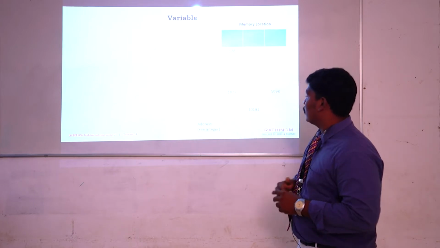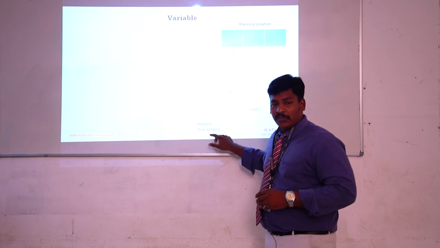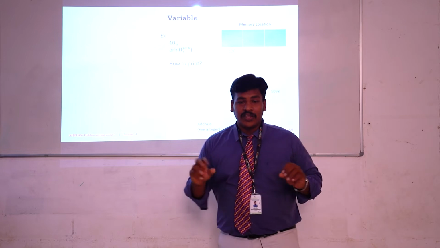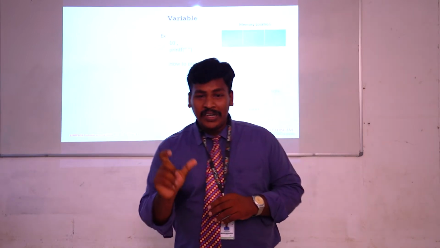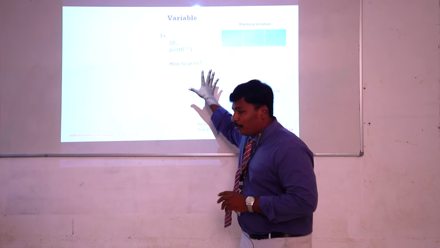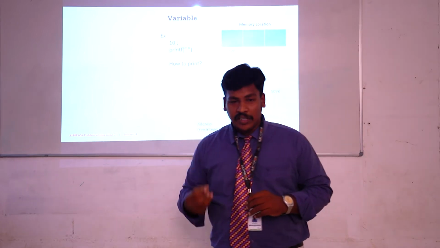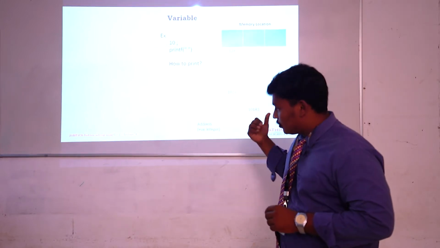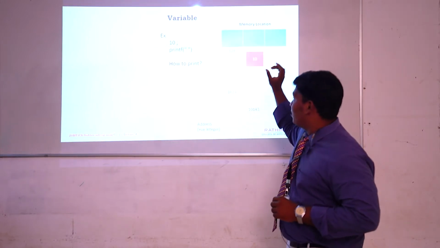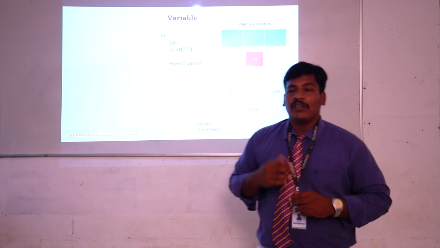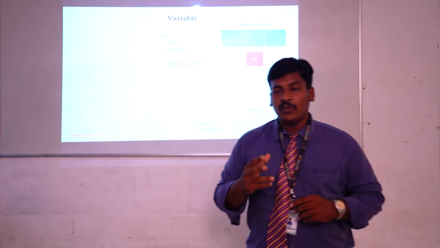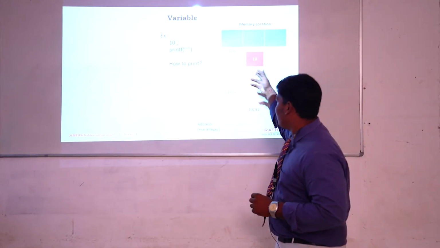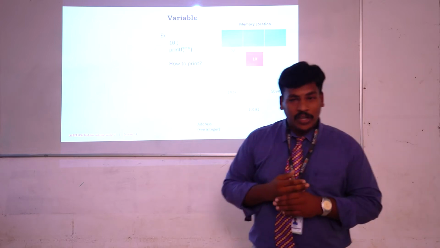The addresses are based only on positive integers, not negative integers. Then here we have one problem: print 10. The compiler knows that if a value comes from the user, the compiler puts it into a memory location. The 10 is put into the memory location. But now the problem is we must find the value, then print the value. So we can't find the memory address as a programmer.